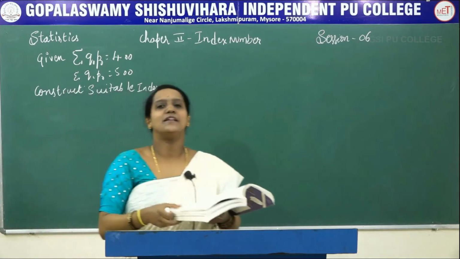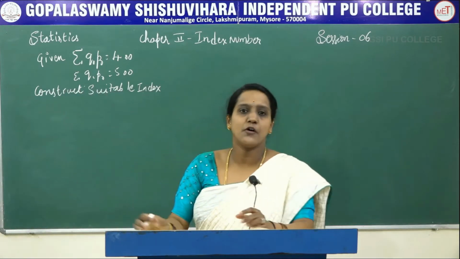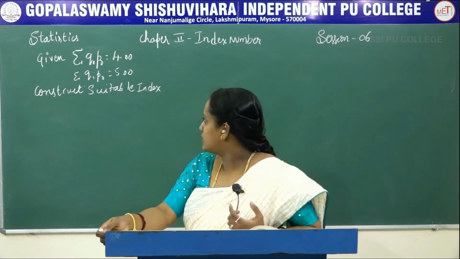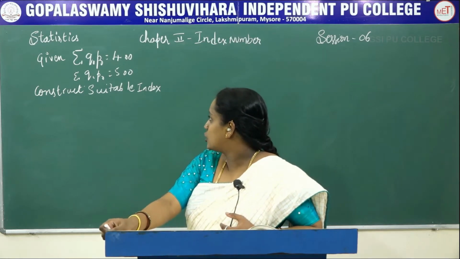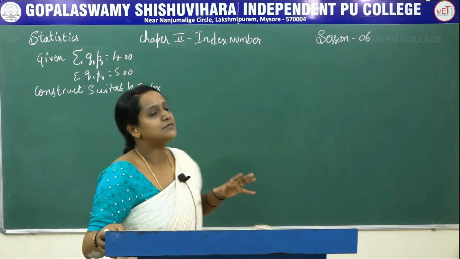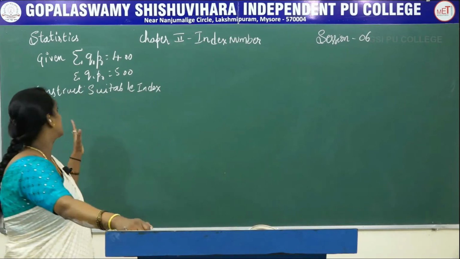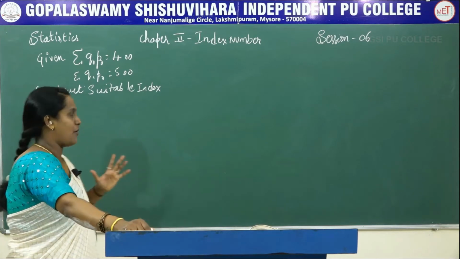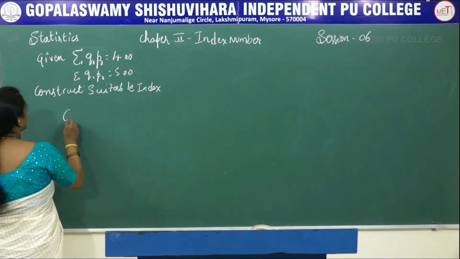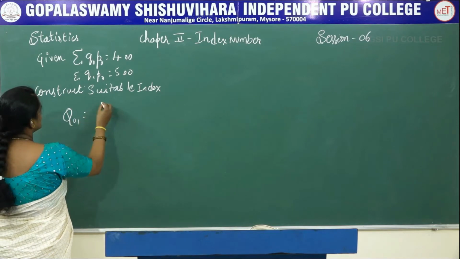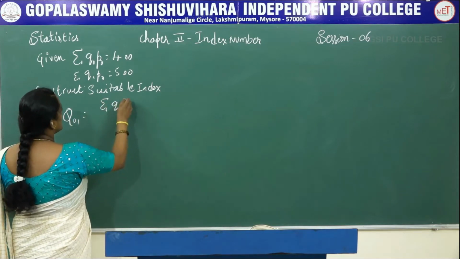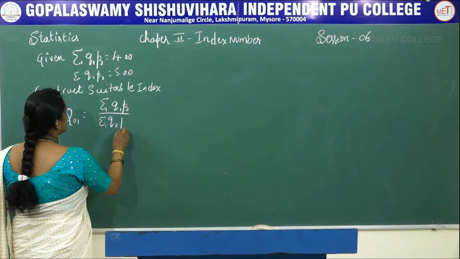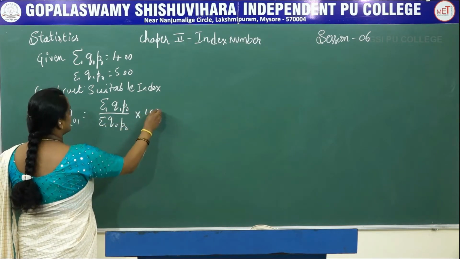In exams they will ask this type of questions for 2 marks, and in this problem they have given Q0 P0 and Q1 P0. First we will write the given data in Q1 by Q0 format, so that quantity index Q01 is summation of Q1 P0 divided by summation of Q0 P0 into 100.